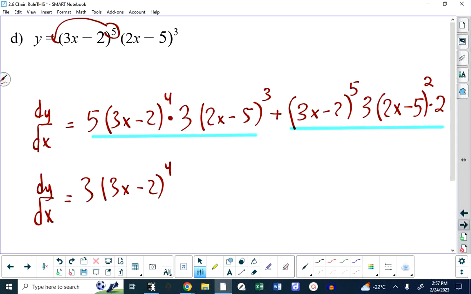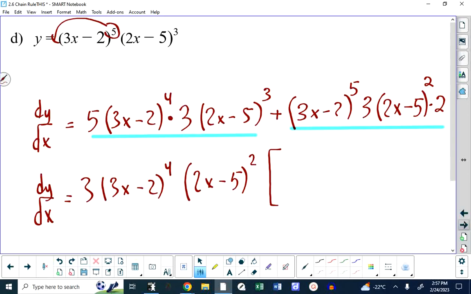I have 2x minus 5s, and one of them has 3 and one has 2. So I'm going to factor out the lower exponent. I don't know that I've ever really said it this way. You're factoring out the lowest exponent because that factors out as much as you can.